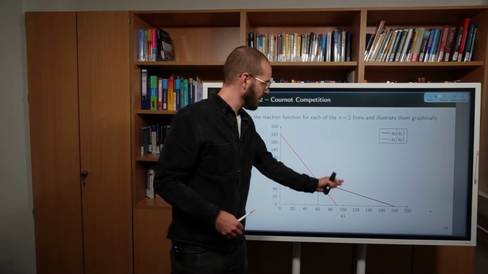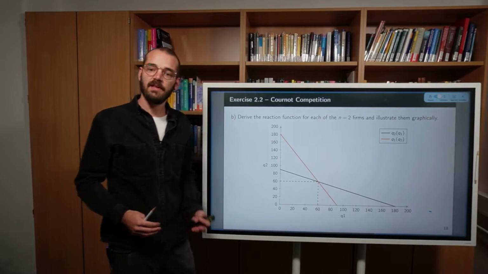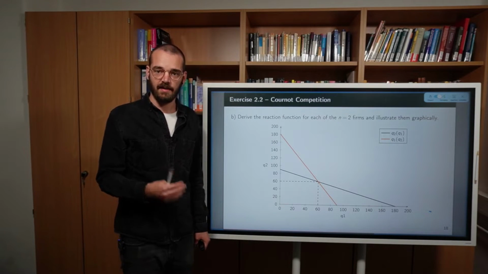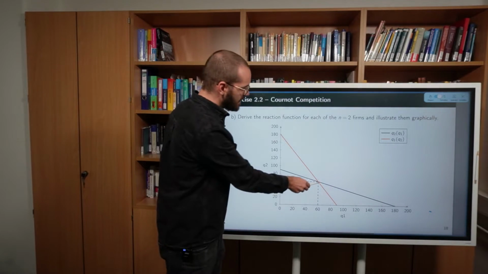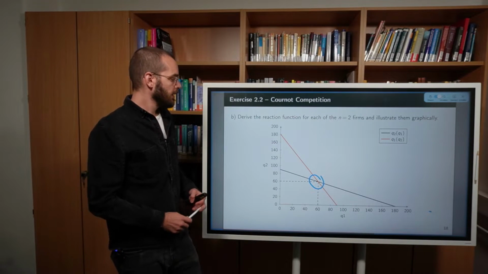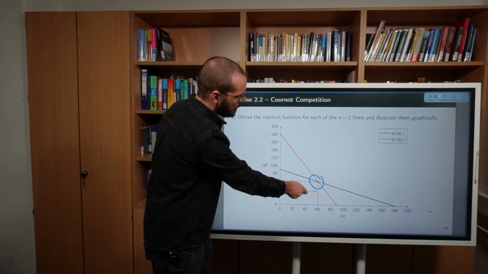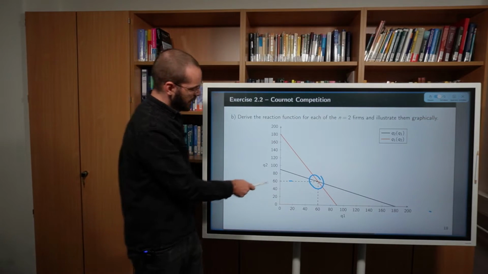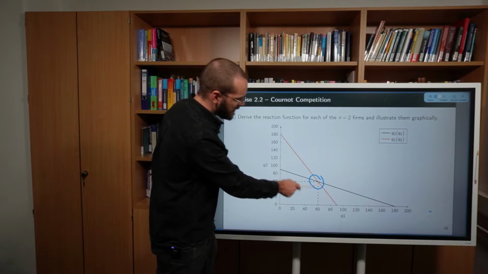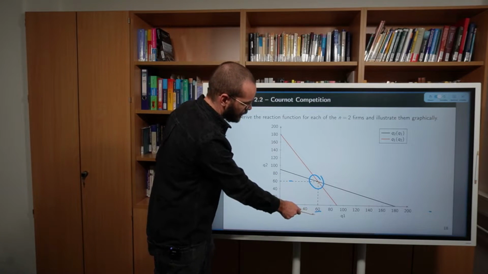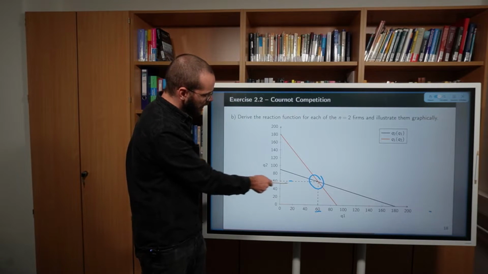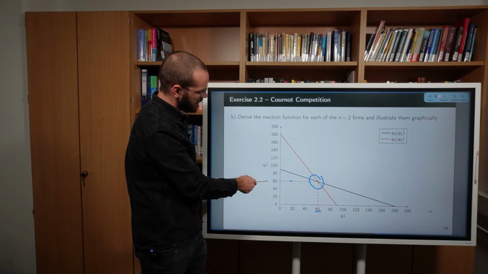And the only equilibrium in this situation is of course where both firms are playing their best response at the same time, which is in the intersection of these two reaction functions. As you notice when looking at this plot, in this intersection, for this given quantity of Q1 equals 60, firm 2 will put out a profit maximizing quantity of 60.